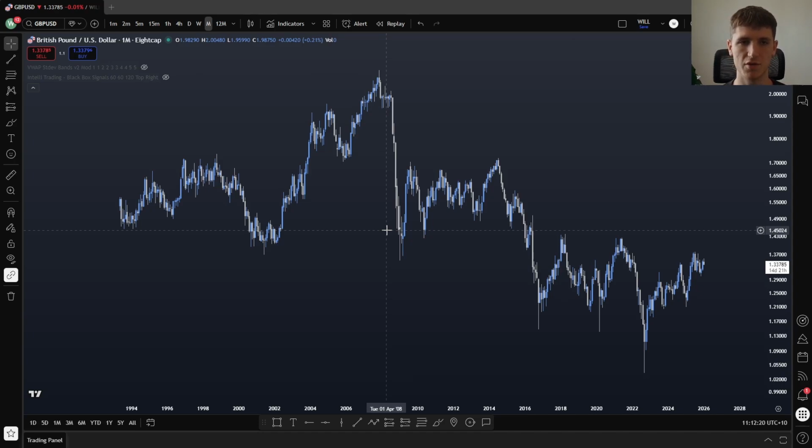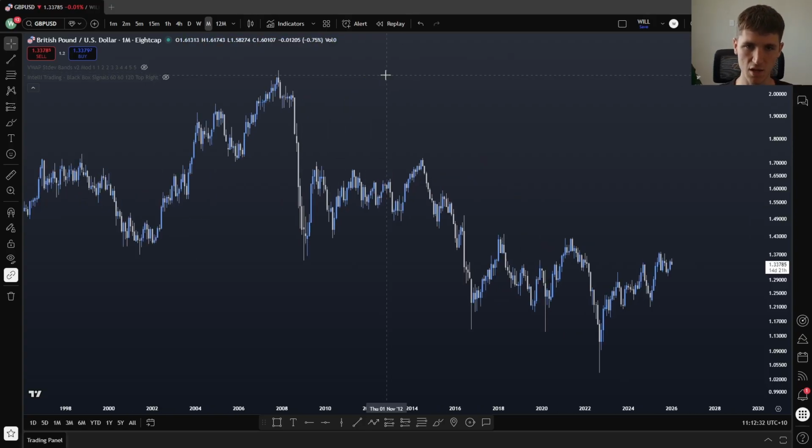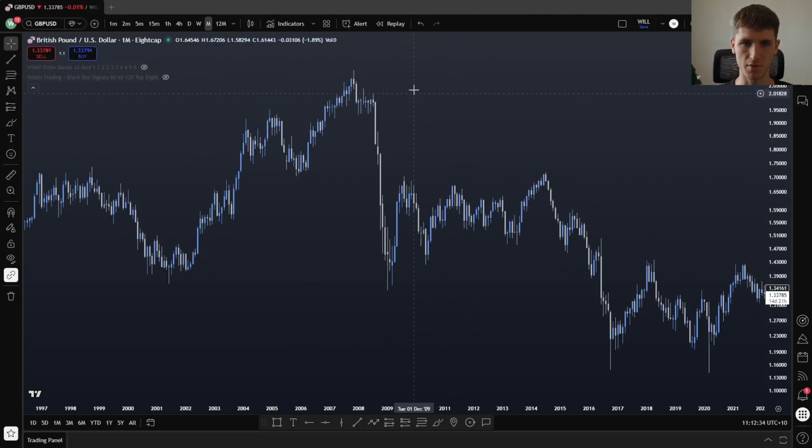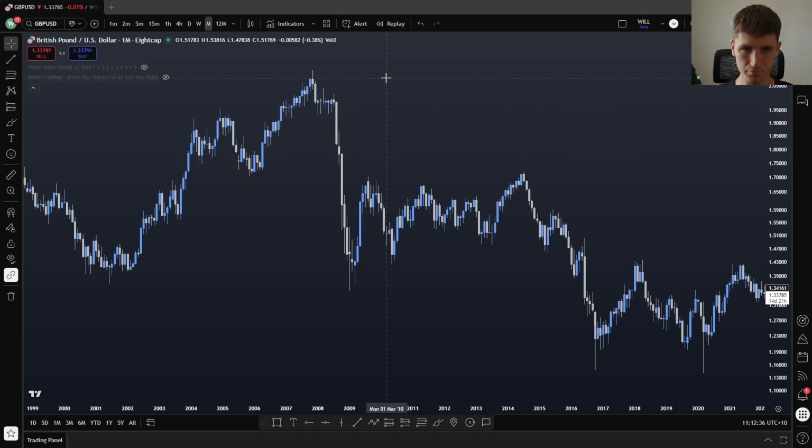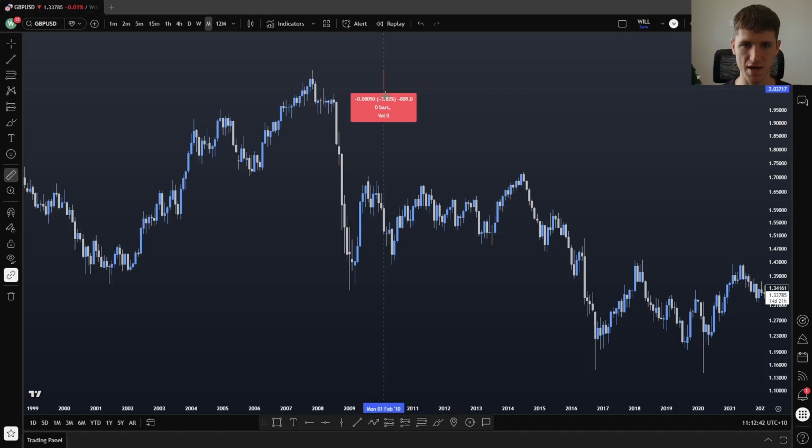But I already know just from all the history that I have trading that this is in fact the highest price point on GBP USD. So on the monthly time frame, I'm going to measure it from the wick because that is the highest price point, and I'm going to move my cursor down 20%.